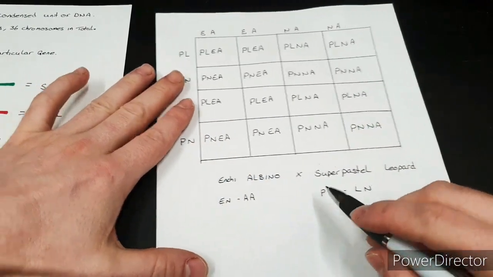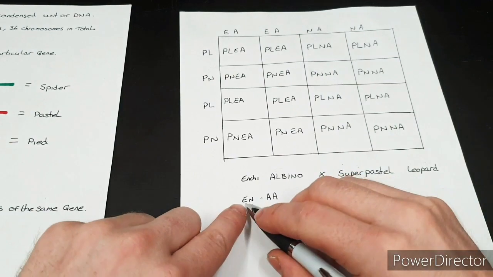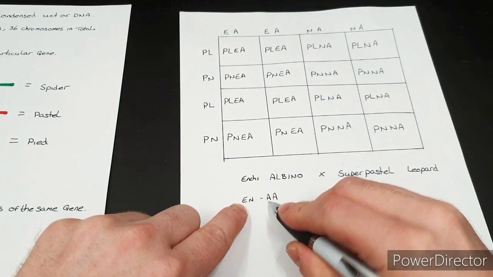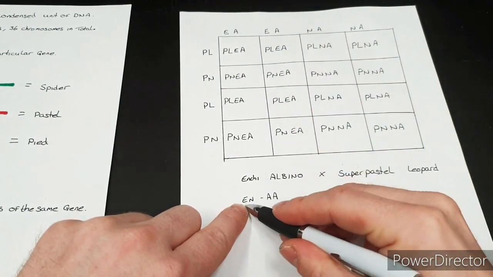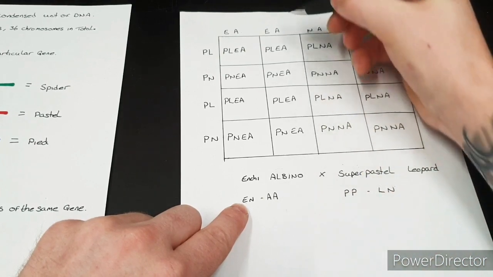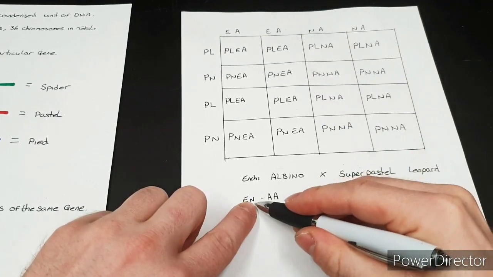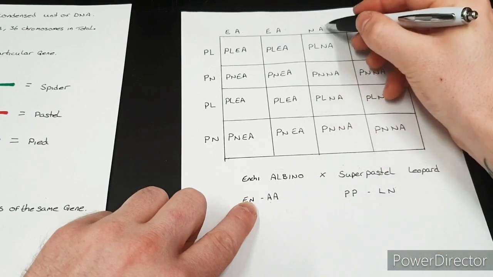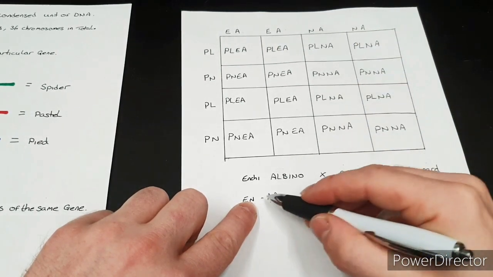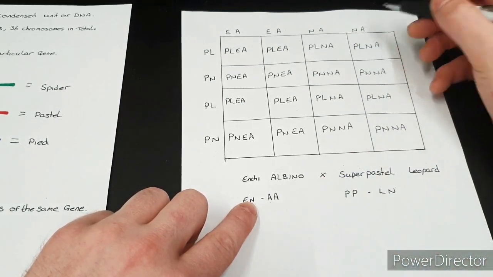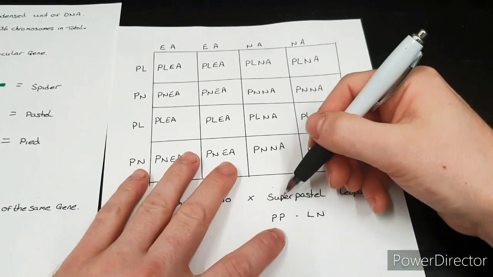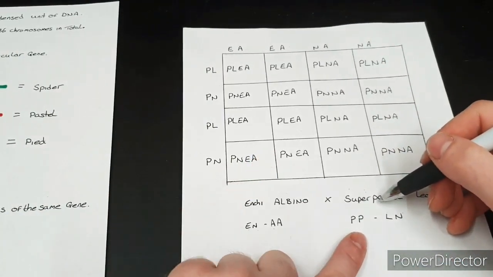So you do the same as what we've done before. A goes here. A goes here. A goes here. A goes here. Super pastel, you have P's.